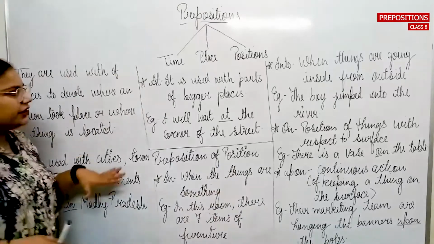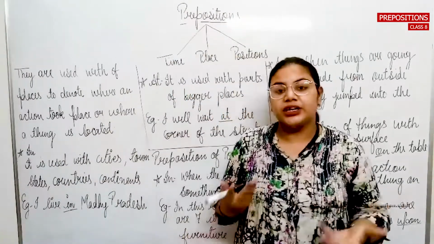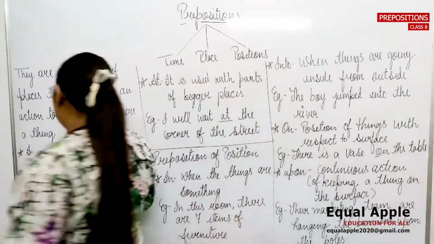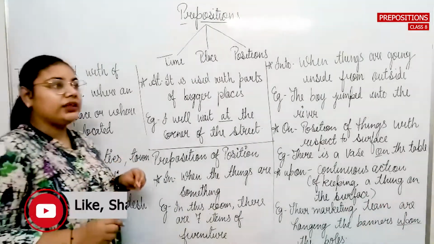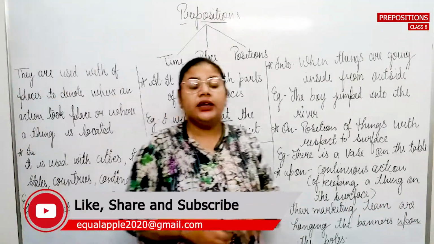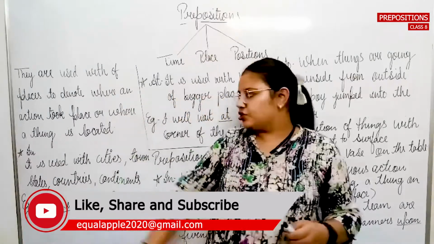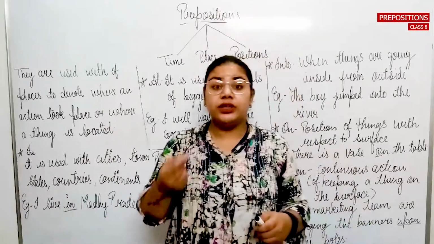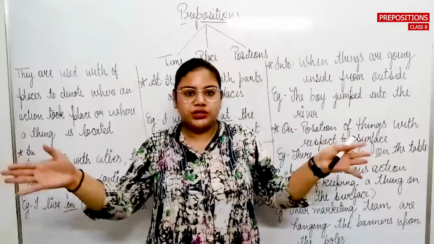Here I have written the two prepositions used for place: the first one is in, and the other is at. The preposition of place deals with only two types of preposition, in and at. But there is a minute difference between in and at, which creates a huge difference.